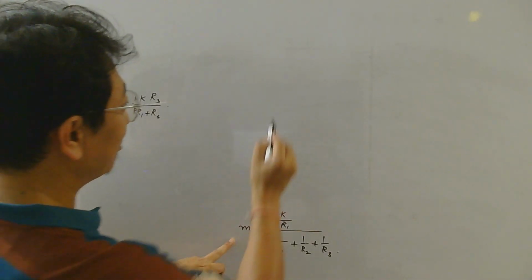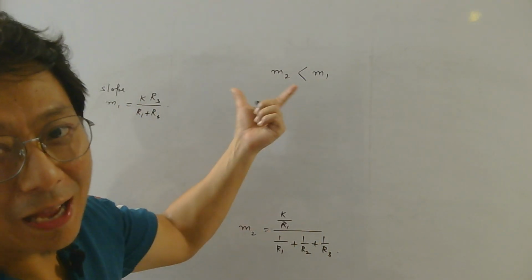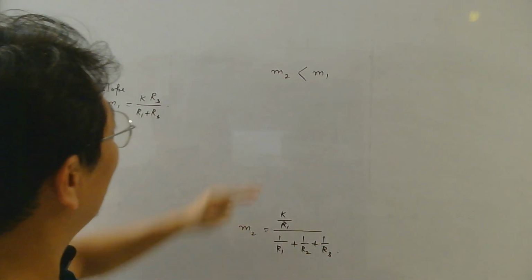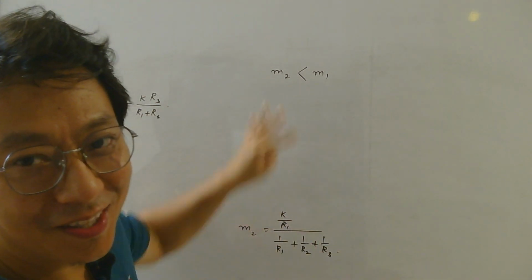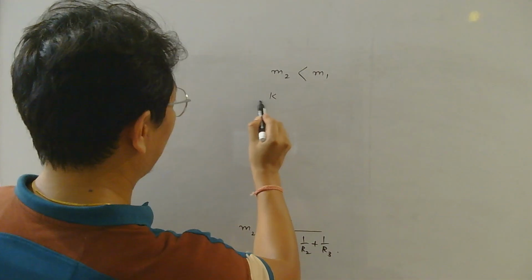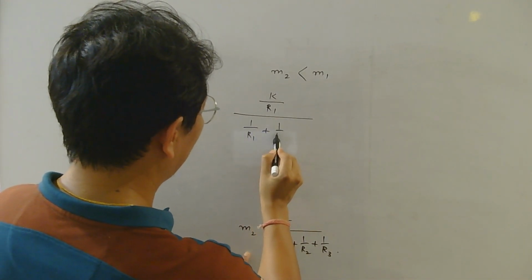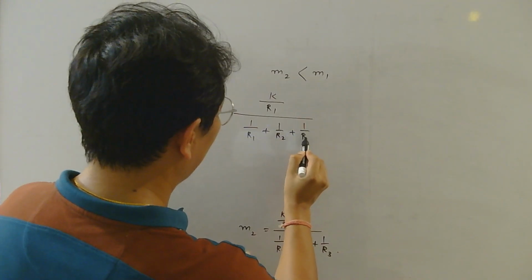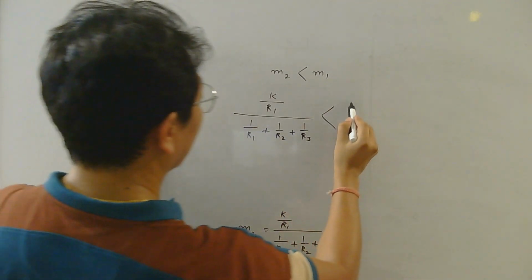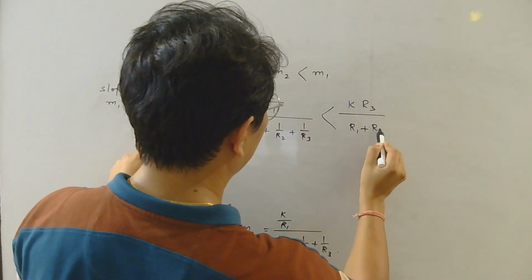Now as I told, I need to show you that M2 is less than M1. So this has to be true. Now let us substitute and check whether this is a true equation or not. So M2, K by R1 over 1 by R1 plus 1 by R2 plus 1 by R3, should be less than K R3 by R1 plus R3.